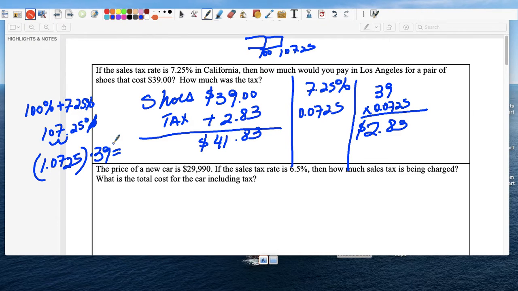So let's say they just wanted you to give me the total. 1.0725 times 39, you're going to get as an answer $41.8275, which, as you can tell, rounded to the nearest cent is $41.83. So sometimes there's going to be a discrepancy.